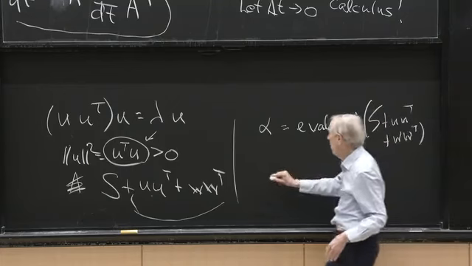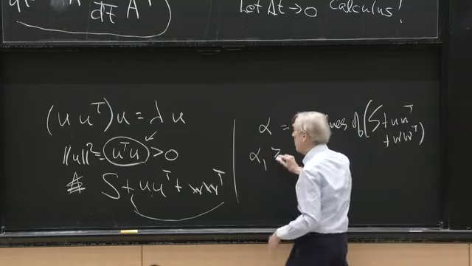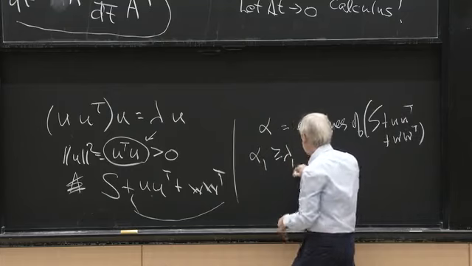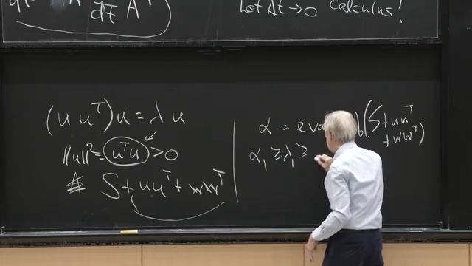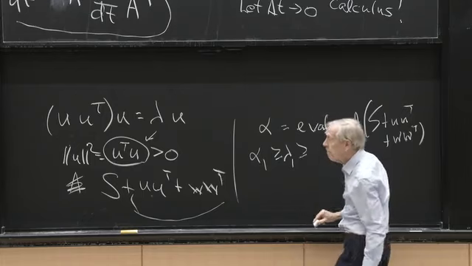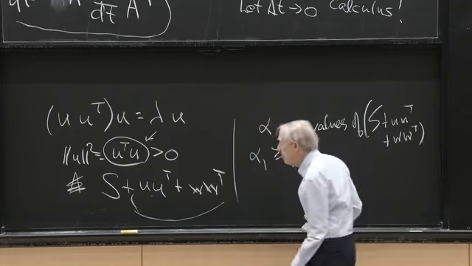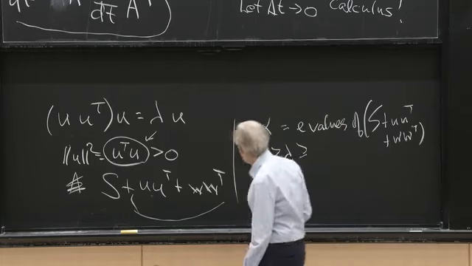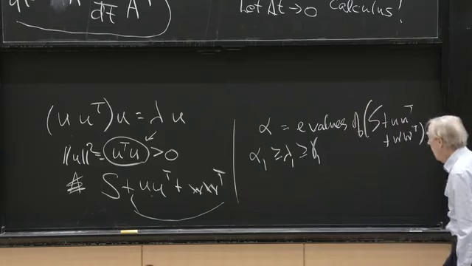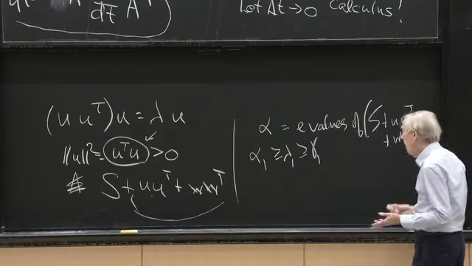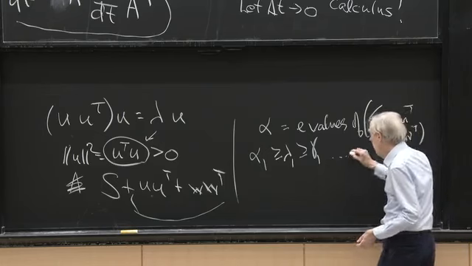So alpha 1 is greater than or equal to lambda 1, which had just a rank 1 change, which is greater or equal to the mu, was it mu? Gamma 1, and so on, okay.